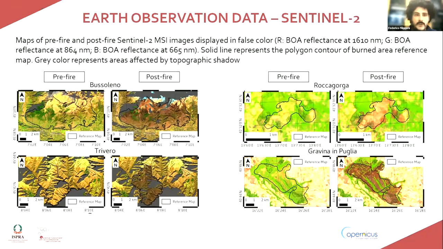And specifically here, I show how for 4 different study areas selected in this example, there is the possibility, using different spectral band combinations, to see how the cover changes from the pre-fire condition, which has in green photosynthetic vegetation, which has high photosynthetic activity when it's bright green, and a bit lower when it's yellowish, and see how a different season, like in the left cases of Bussolena and Rivero, we have late fall fire, while in the right side of the screen, Rocca Gorga and Gravina in Puglia, we had a summer wildfire.